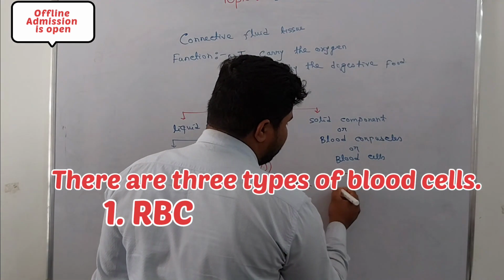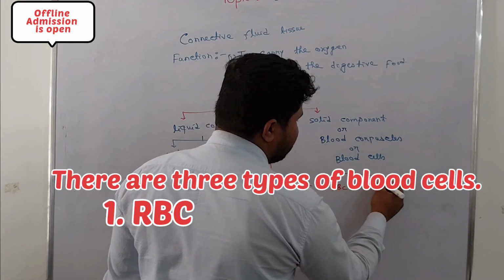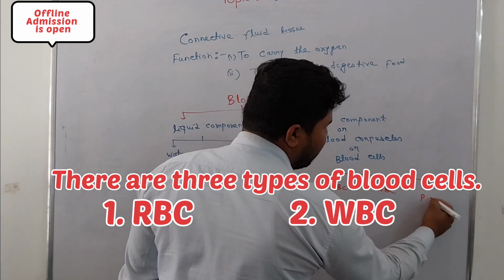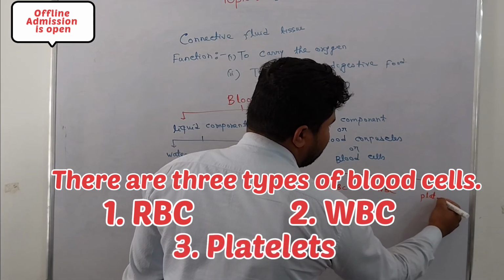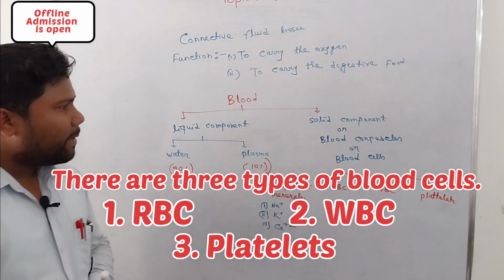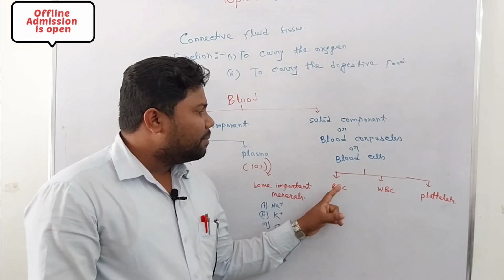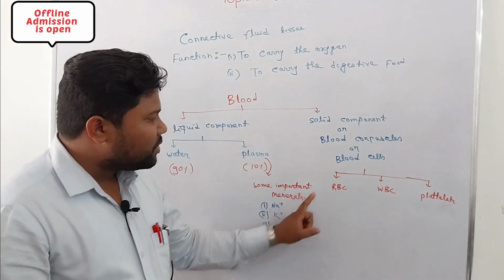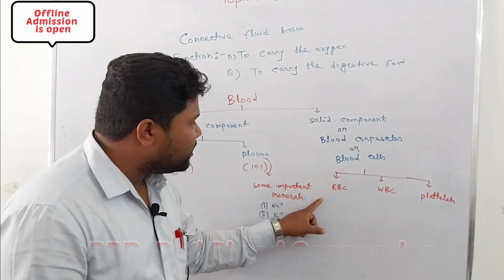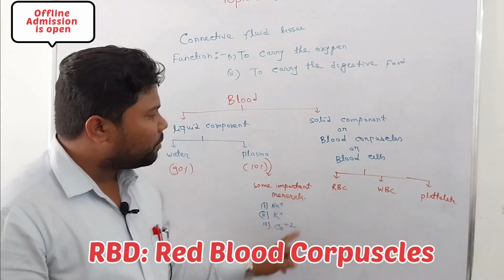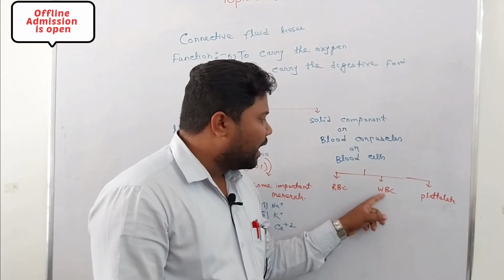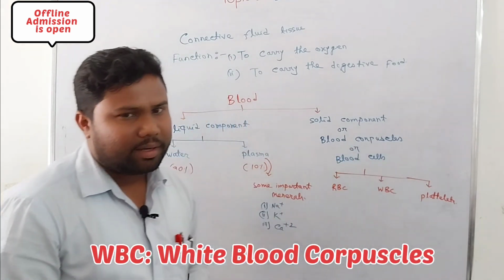The first one is RBC, the second one is WBC and the third one is platelet. The full form of RBC is red blood corpuscles, and the full form of WBC is white blood corpuscles, and this is the platelet.